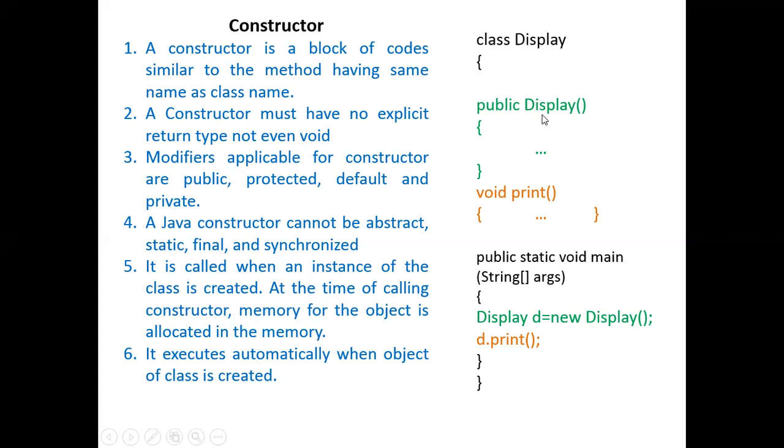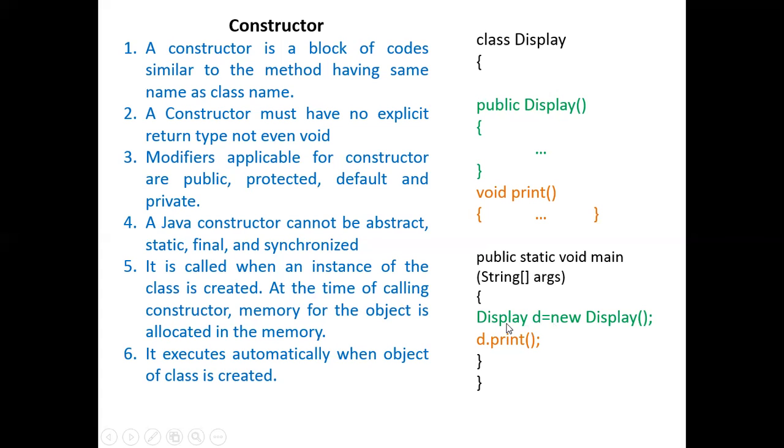Then why is this constructor used? Constructor is used to initialize an object. And how is this constructor called? This constructor is called automatically when an object of the class is created. Here in the main method, we have created an object of the class Display, D, using the new keyword.